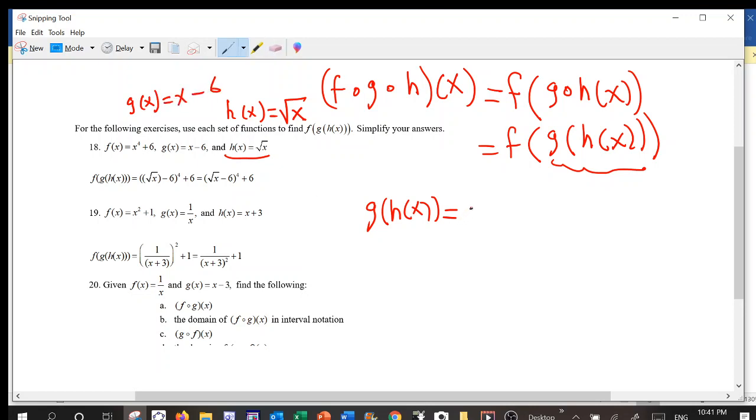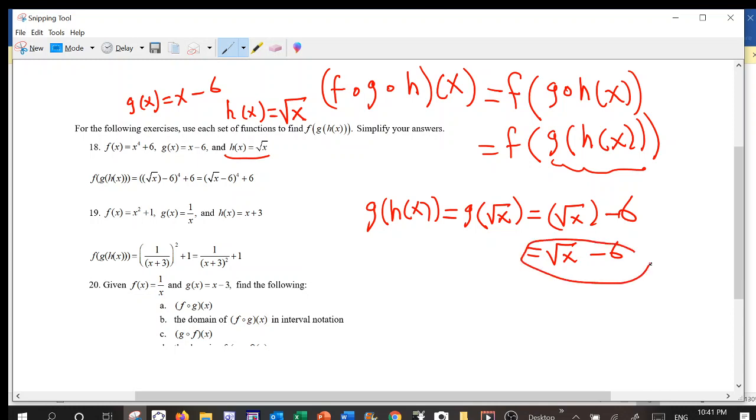So this is basically g of square root of x. So it means that I have to take square root of x and put it in g. G is x minus 6, so it's input minus 6. So it's the square root of x minus 6. So square root of x minus 6 is our g of h of x. That's it.